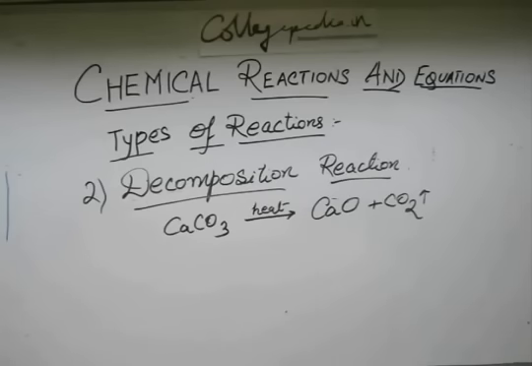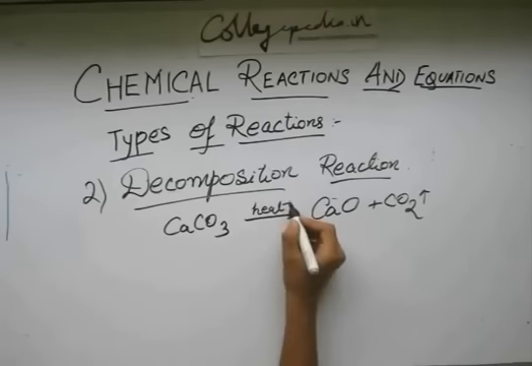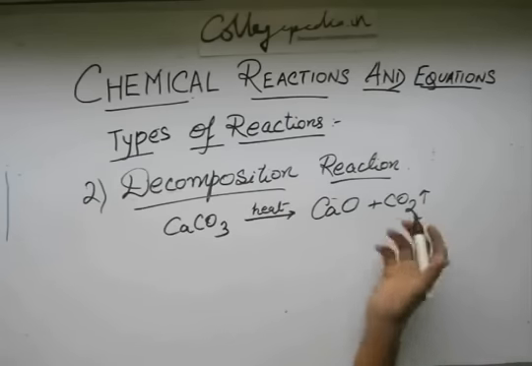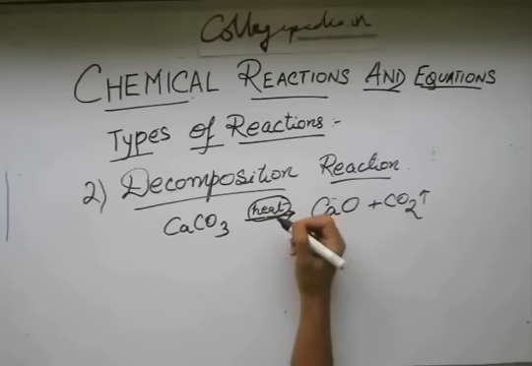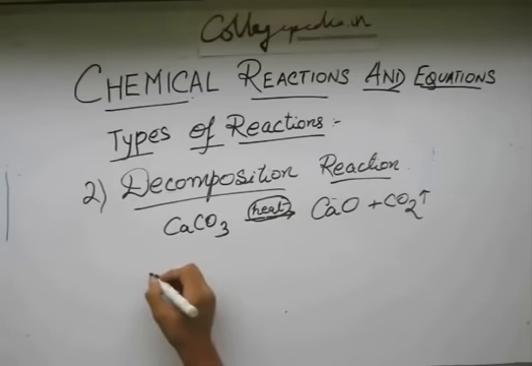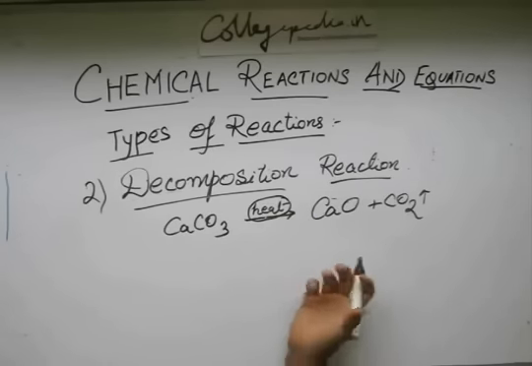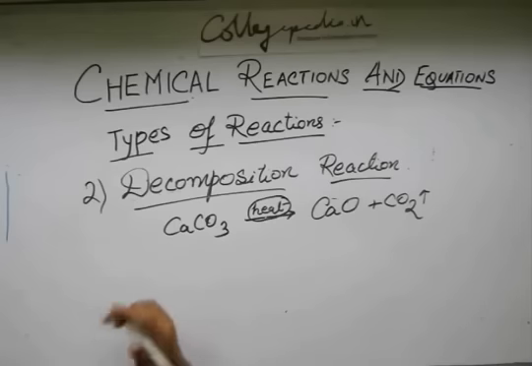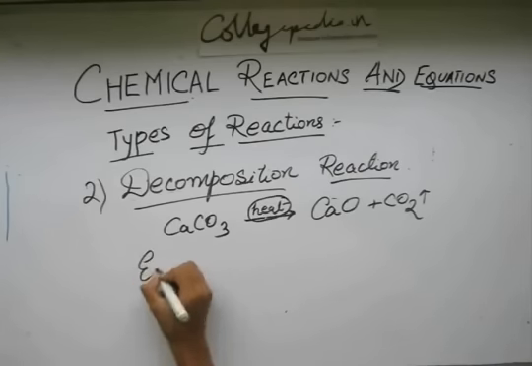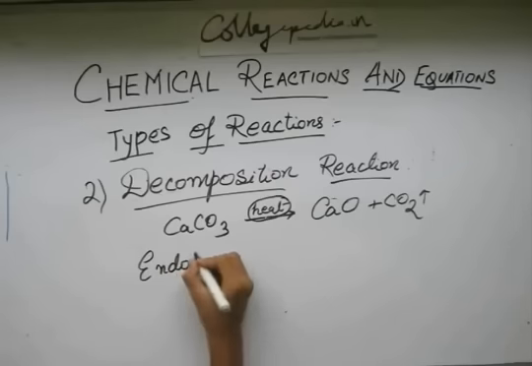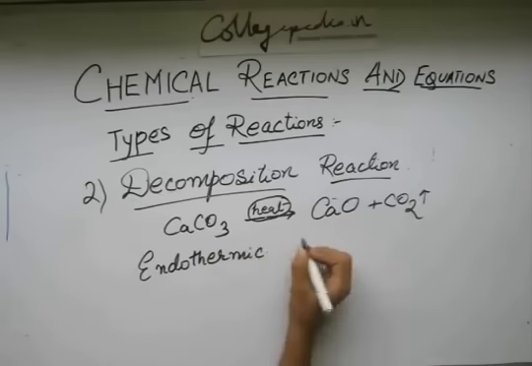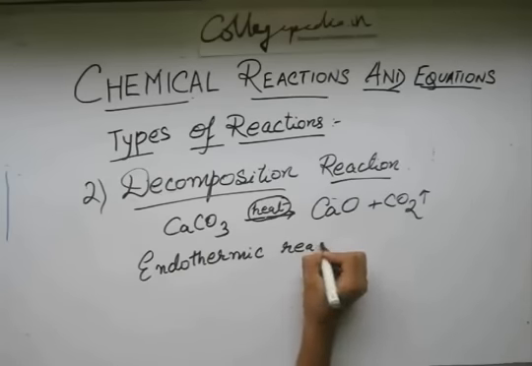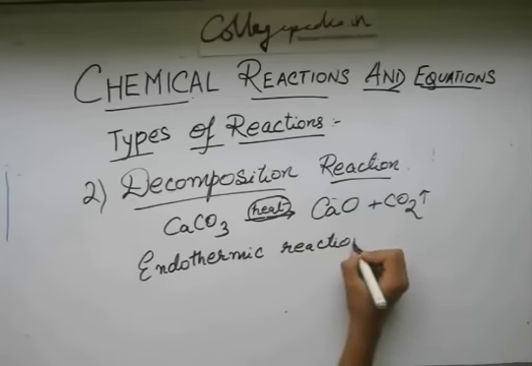And you'll see that in this reaction, heat is not released but is required for the reaction. And such reactions in which heat is absorbed or is required are known as endothermic reactions, opposite of exothermic.